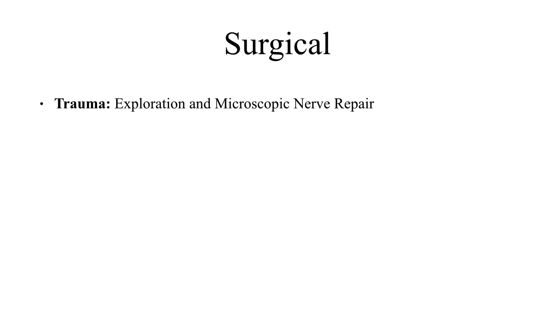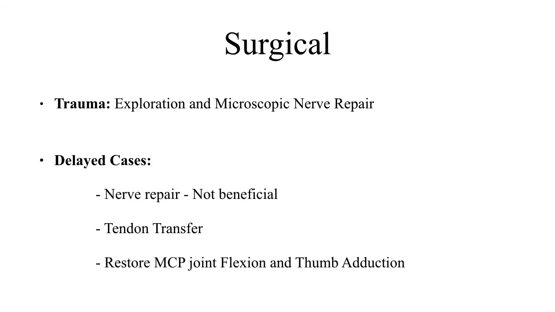When there is a complete section of the nerve, as seen in neurotmesis, you have to explore and repair the nerve ends. In delayed cases, as I have told you previously, if the target organs are not regenerated within 2 years, then the muscle is not going to work even after repairing the nerve.